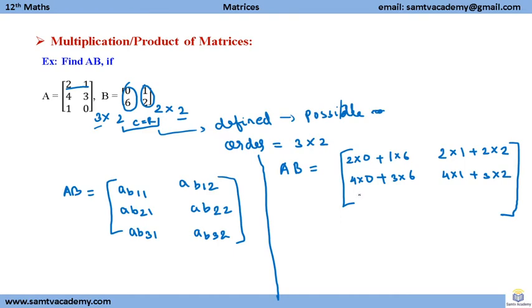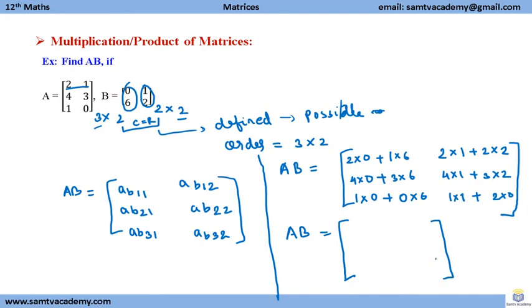The AB31 element is 1 into 0 plus 0 into 6. The next element, AB32, will be 1 into 1 plus 2 into 0. Now after solving, what will we get?